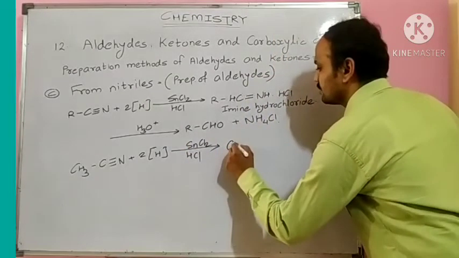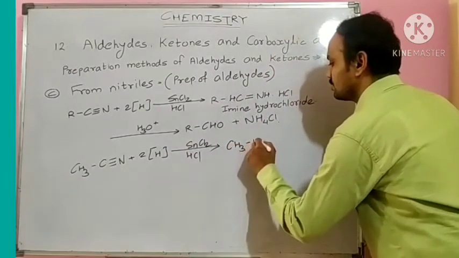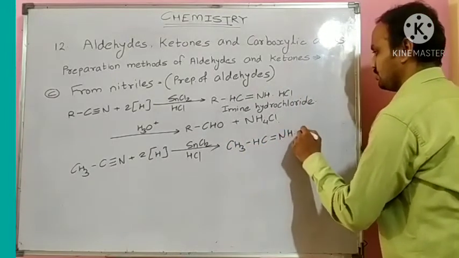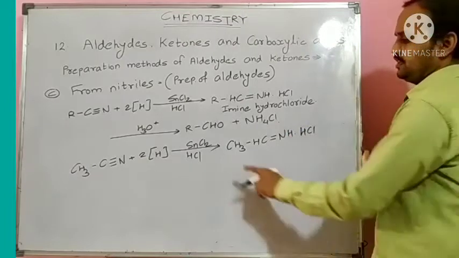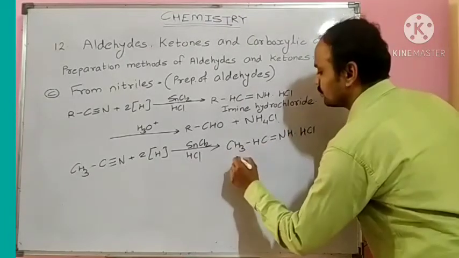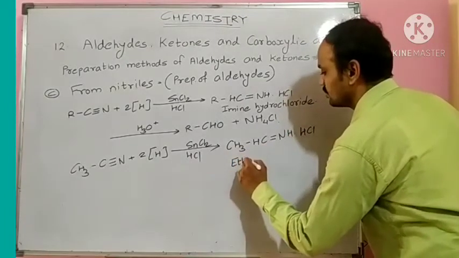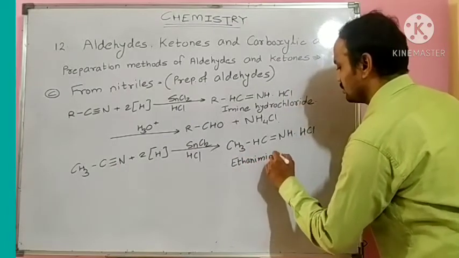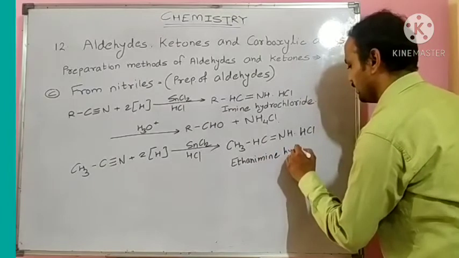We get CH3 HC double bond NH, HCl. There are two carbon atoms, therefore it is ethanimine hydrochloride.